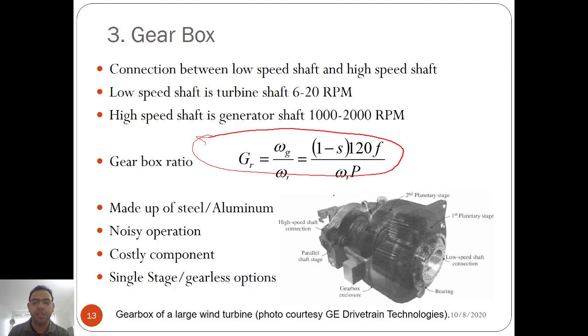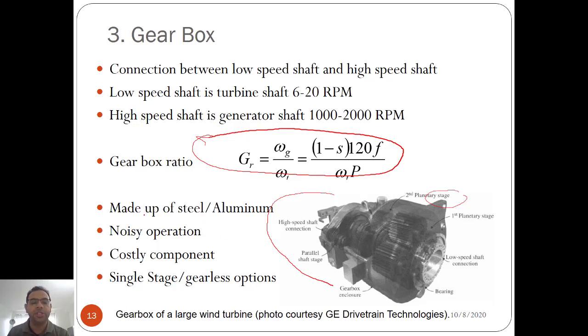But here you can see the overall pictorial representation. It contains a high speed shaft connection and a low speed shaft connection. This includes a lot of gear change, so we have multiple stages rather than having it in one stage and having more mechanical pressure. We do it in first, second, and third planetary stages.